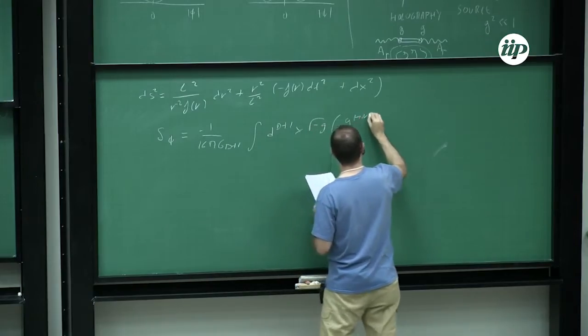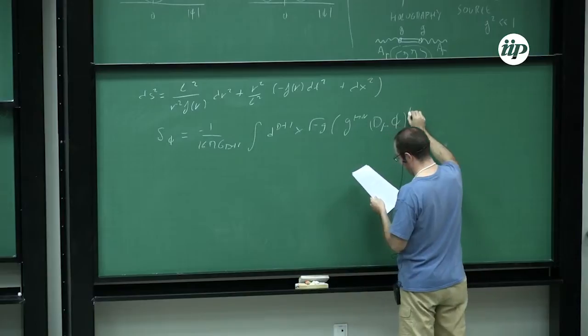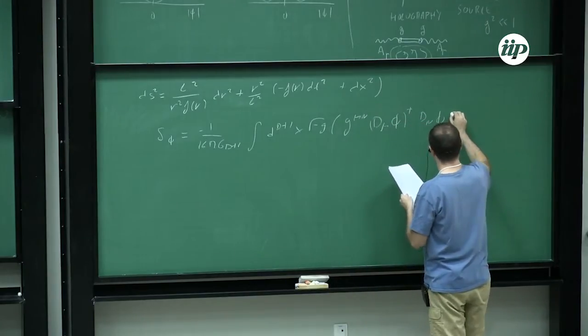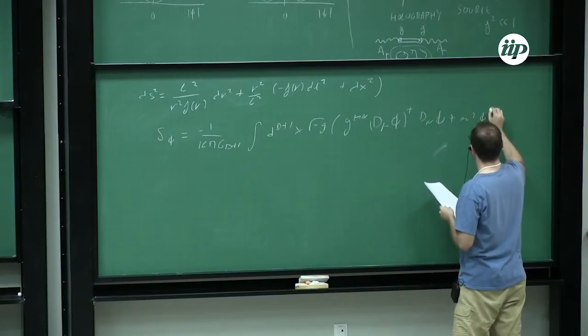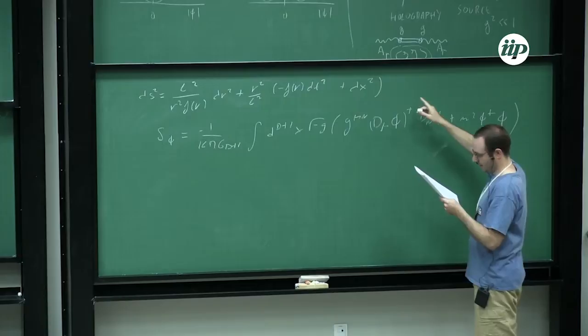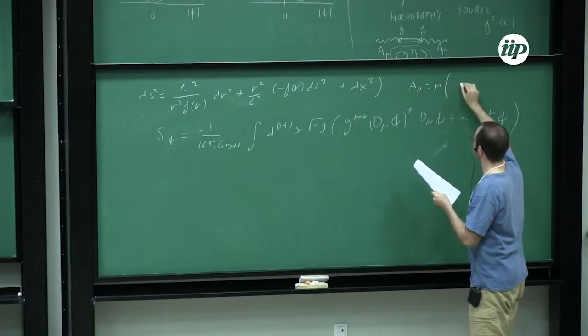And then this scalar field is charged under the gauge field that we have in this solution. So this covariant derivative involves a gauge field that is here. I can write it as well. The gauge field looks like this.